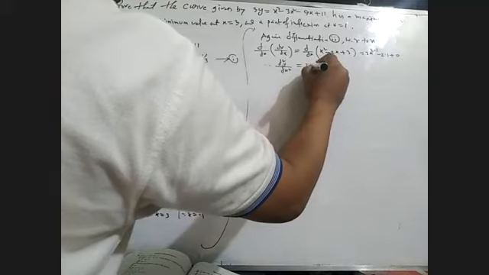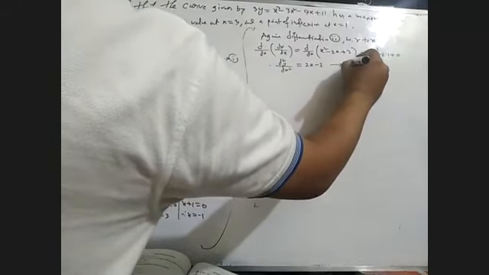That means we get only 2x minus 2. This is equation number 3.